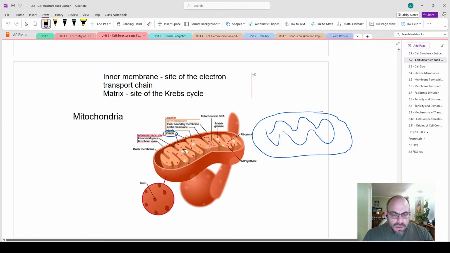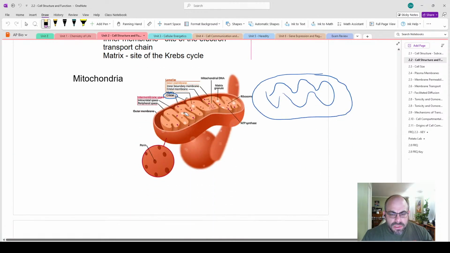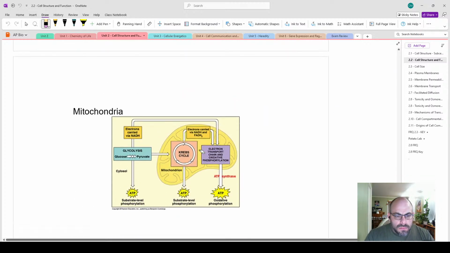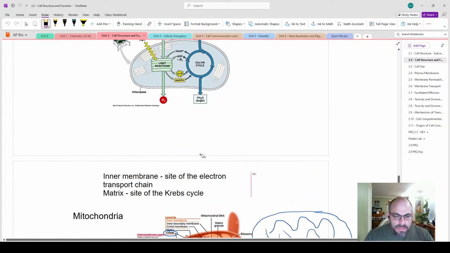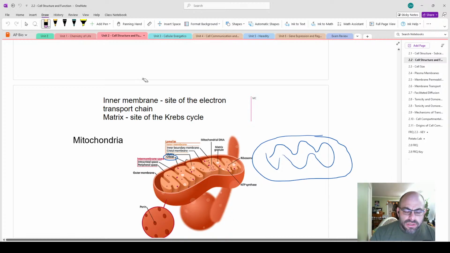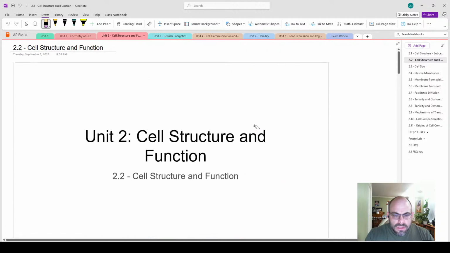Remember chloroplasts and mitochondria have ribosomes, DNA, double membrane, all that stuff. When it comes to organelles, keep it really simple and make sure you understand all the ones that we talked about. Oh yeah, there's some more stuff on here.